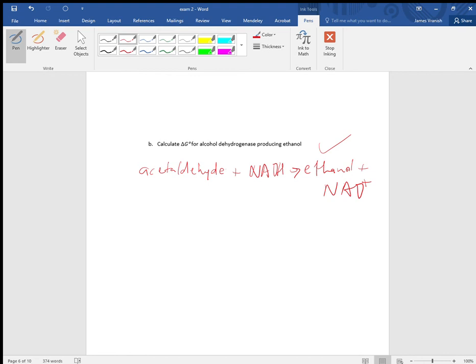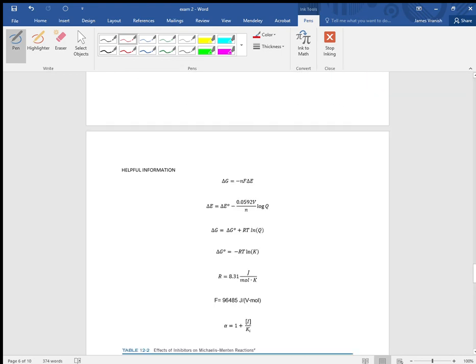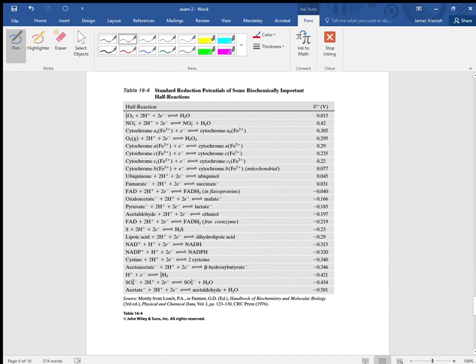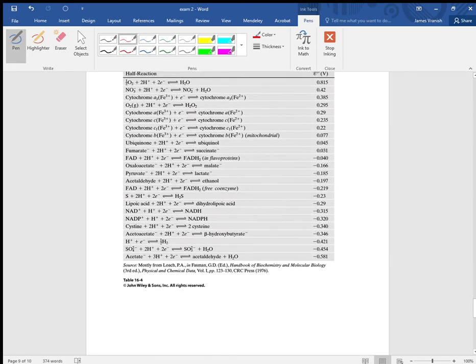All right, so we're talking here about a redox reaction. Anytime we are involving NAD, NADH, you should immediately recognize that as a redox reaction. So in order to figure out delta G's of redox reactions, we have to use our electron potentials. And so we're going to go to a different chart, this one down here. We basically need to find the two different half reactions in this chart.